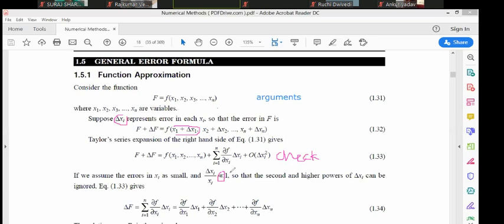Therefore, delta xi is going to be very, very small when our measured or computed value is close to the true value.